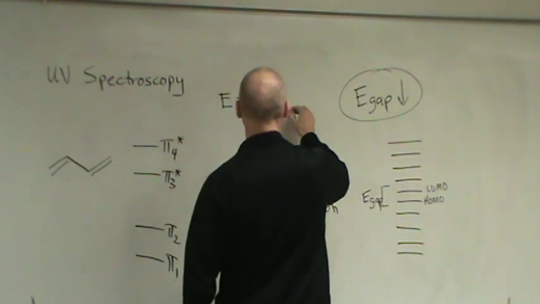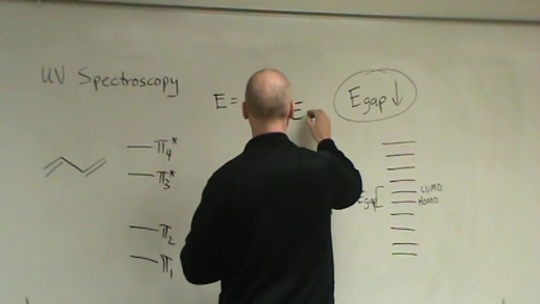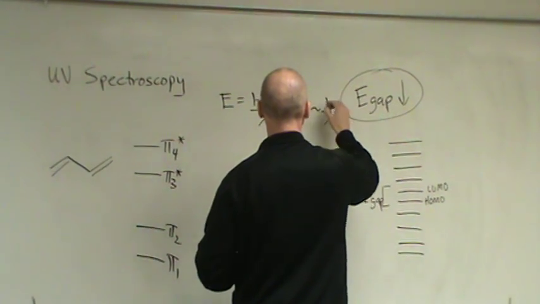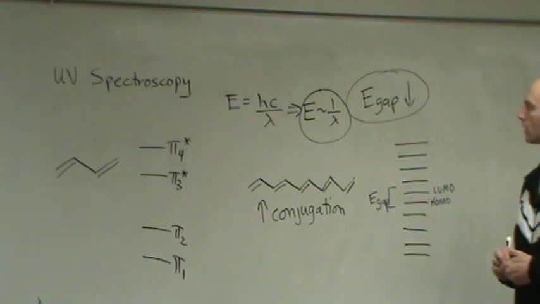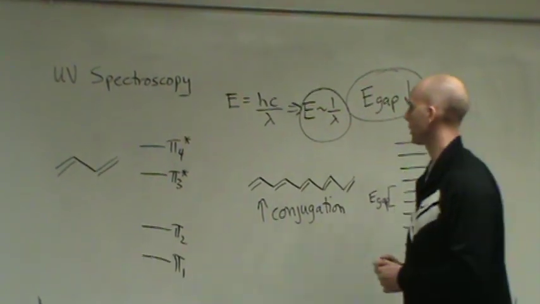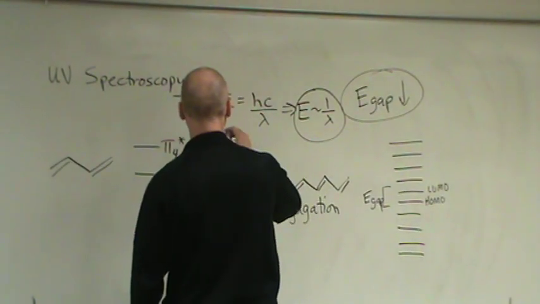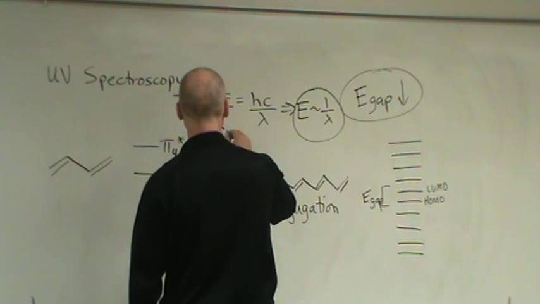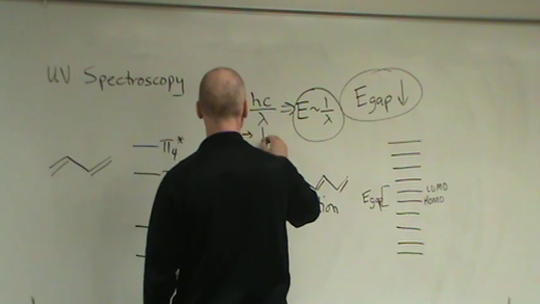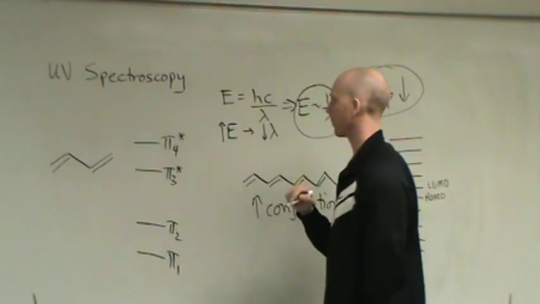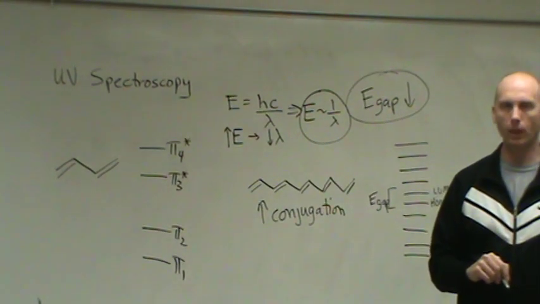So we can show that with this here. So what does that tell us? That says if I have an increased energy gap, that's going to make my wavelength smaller.